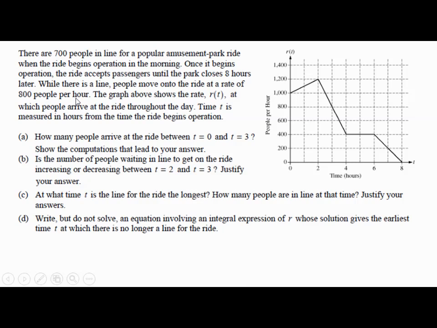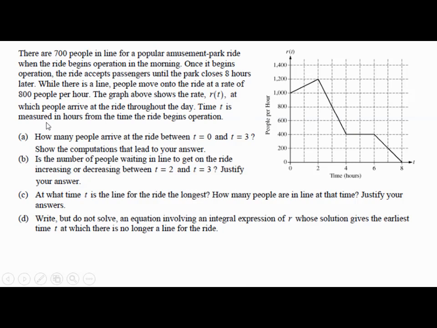So that means 800 people per hour is how many people are loading onto the actual ride. The graph above shows the rate R of t at which people arrive at the ride throughout the day. So these are basically people who are getting in line. This graph represents the rate at which people are getting in line.